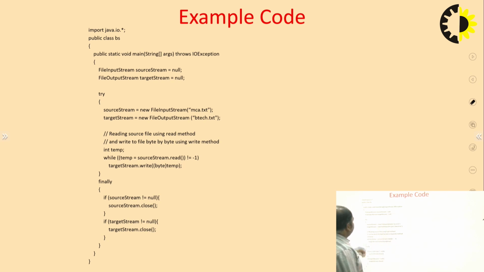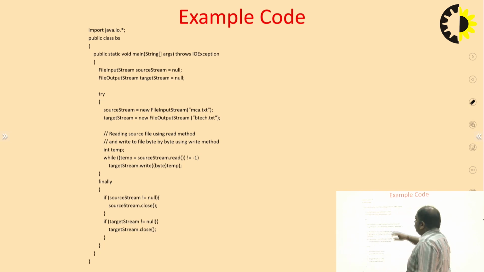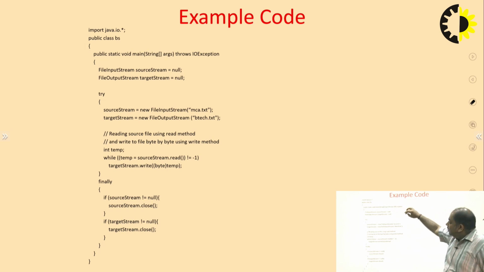We create two streams. First, file input stream, then next is file output stream, and we have given some names, like source stream is equal to null and target stream is equal to null initially.